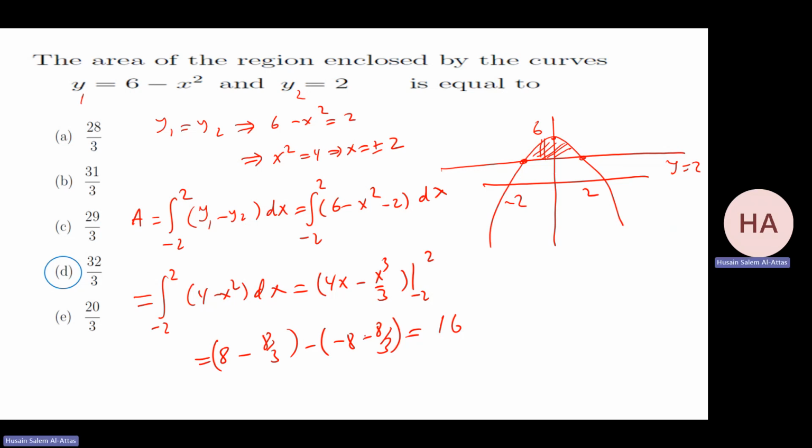This is not minus, this is plus, sorry. Minus 2 cubed for minus, it will be plus. So I have 16 minus 16 over 3. That gives me 48 minus 16 over 3, which is 32 over 3, which is this.